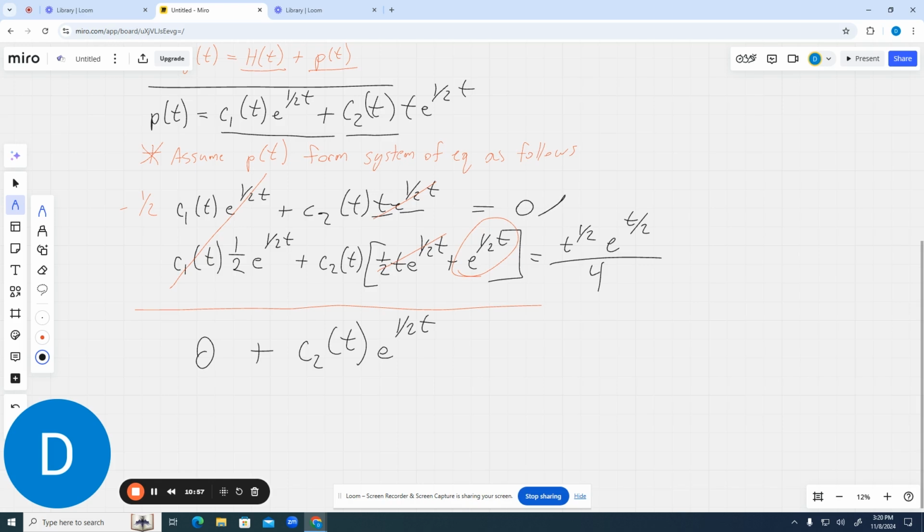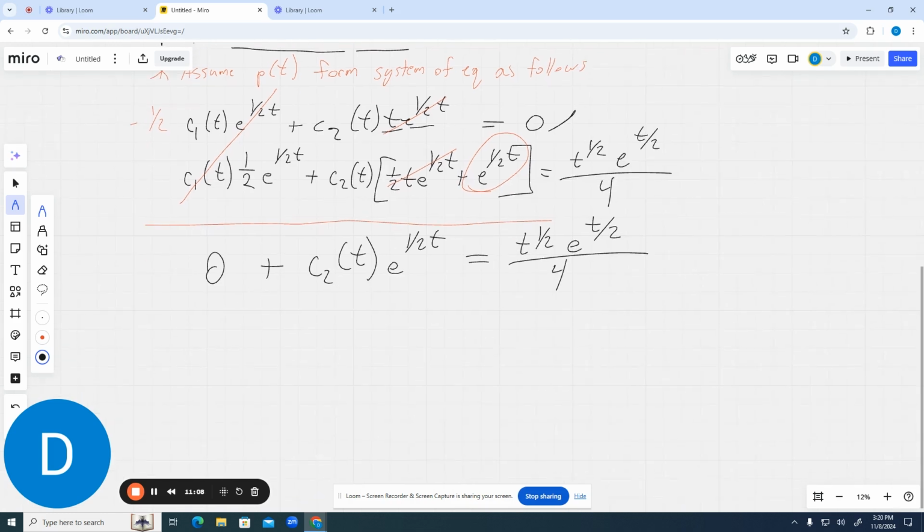That just zeroes out, and so you're just going to have the same thing over here because that plus that equals the same thing. I hope you're following me here. And so now you have this C2, so you can isolate this. This e to the 1/2 t will divide out, and when you divide it over on this side, they end up just canceling out, algebraically.